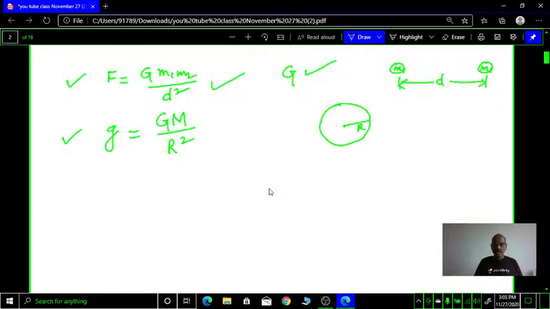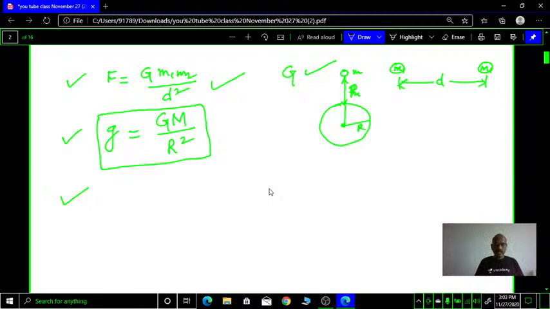If you raise an object of mass m to a height h above the surface of the earth, since the height is negligible when compared to the radius of the earth, we can take the total as R only. So the relation connecting small g and capital G is g = G M / R².